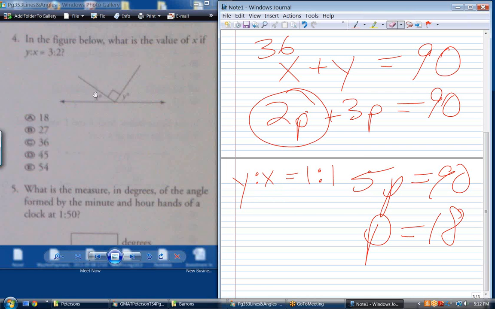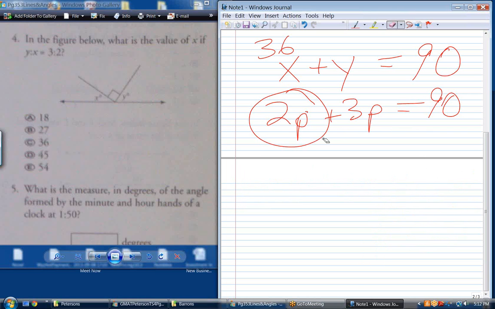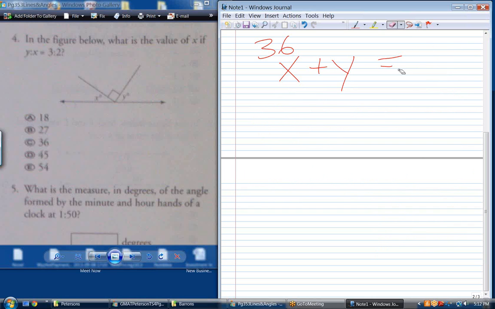The key is knowing that x and y have to be 90. I'm just trying to get the ratio thing because I always get confused with it. So basically, if I took the same number and I divided it into 54 and 36, I would end up with 3 divided by 2. Yes. Okay.